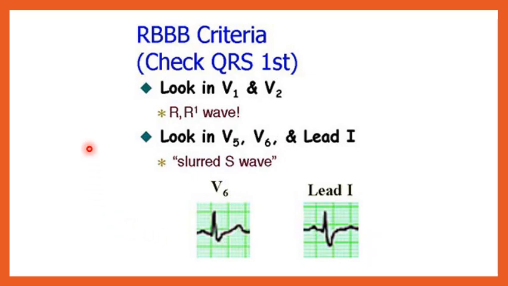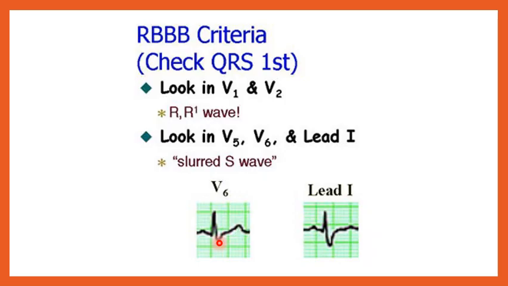Okay, so again, when we are looking for a right bundle branch block, we look for an R or an R prime wave, RSR prime. We look in V1 and his neighbor V2, whereas over in V5, V6, with V6 being the leftmost lead, we see a small q, R, and you see a slurring of the S wave in V6.